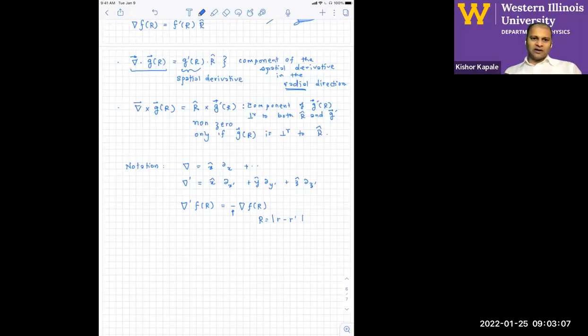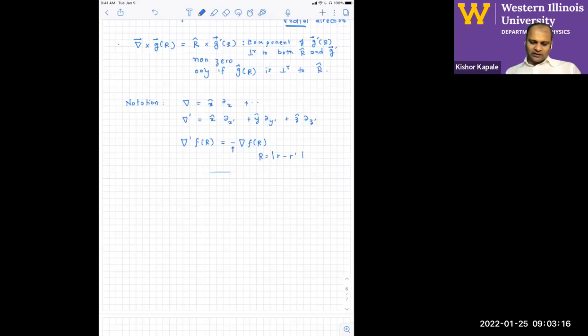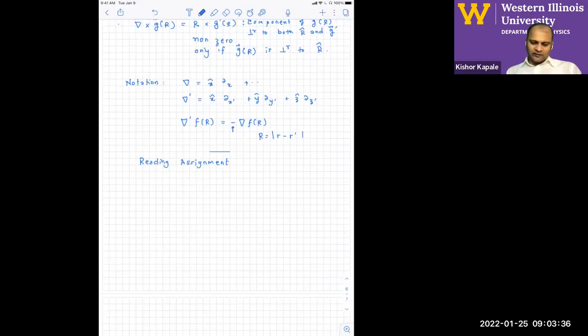Okay, there is another quantity called the convective derivative, which we're not going to need in this class. If we had the second part of the class, then we would need the convective derivative, so I'm going to ignore that. Jacobian, I will let you read on your own. Okay, so you need to read about coordinate transformation. So another reading assignment. And you need to learn about Jacobians for, I think, the first problem from your first homework.